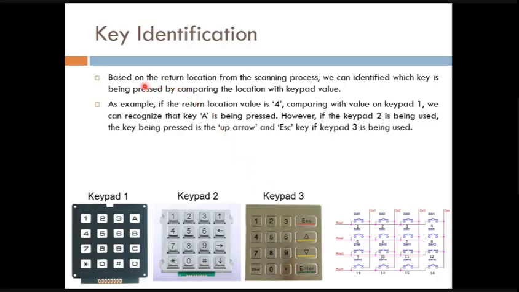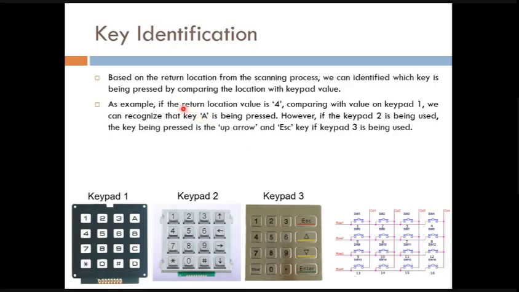Same meaning that if the user presses a certain character, the scanning process returns only the location value. And then after that, you go for key identification. You compare the location that comes from the keypad value.